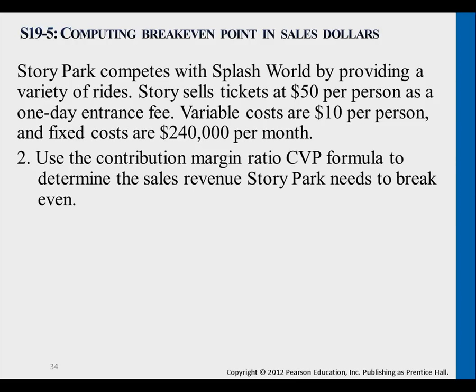So we're going to take that margin ratio that we just found, and we'll also use fixed costs. Okay? So once you get the number, let me know what it is. 300,000, that's right. So you took 240,000 and divided it by 0.8. All right?